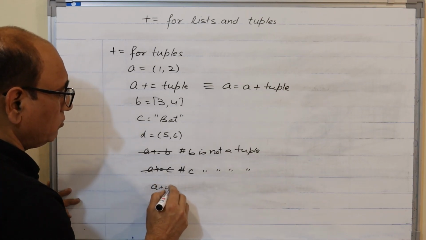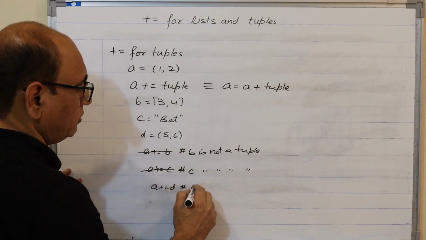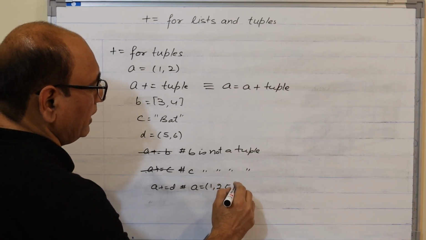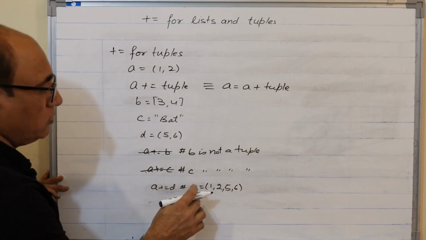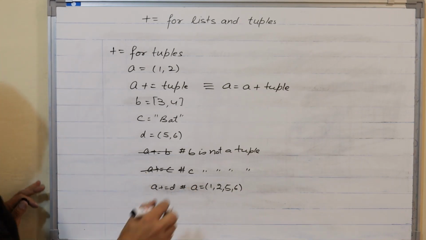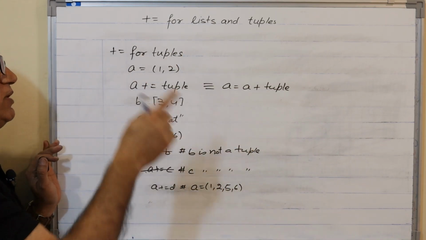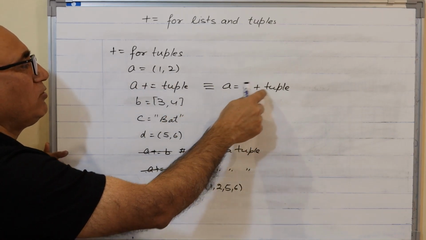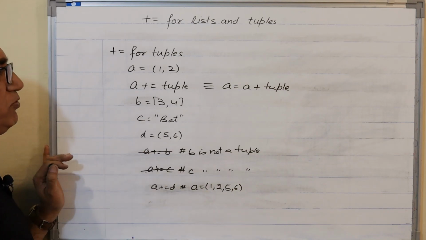But A plus equal to D is correct, and now A will become 1, 2, 5 and 6. It's a new tuple. So this is how plus equal to works for lists and tuples. For a list, plus equal to is equivalent to the extend method, but for a tuple, A plus equal to tuple is equivalent to A equal to A plus tuple. So I hope this is very clear to all of you.